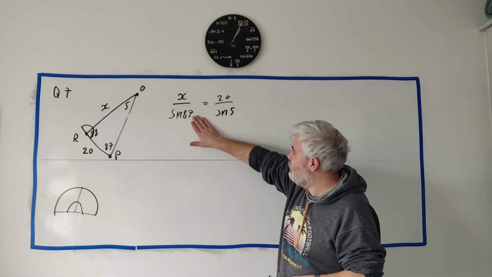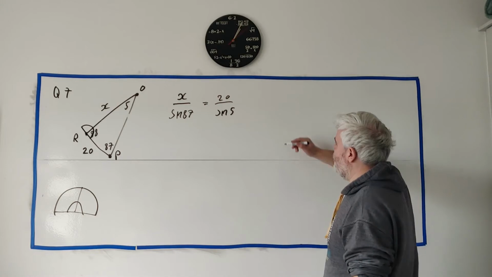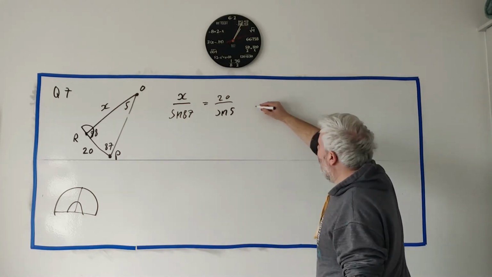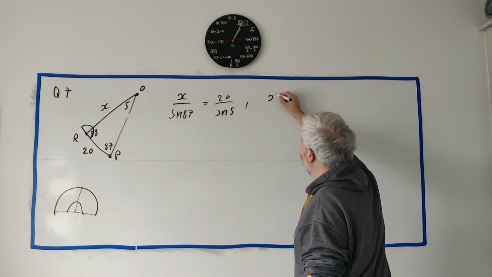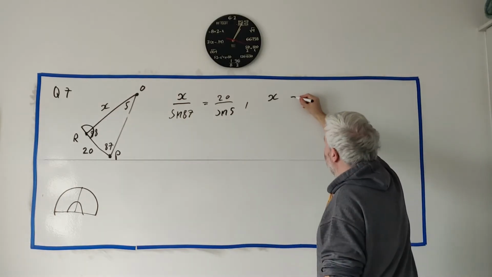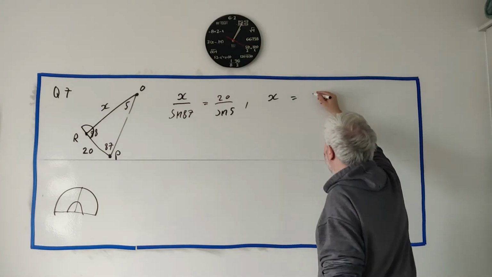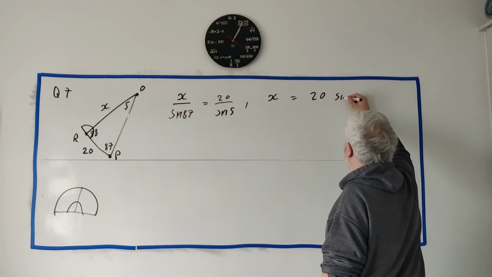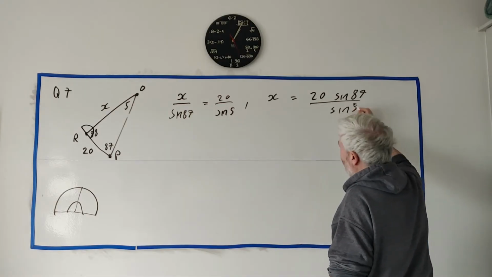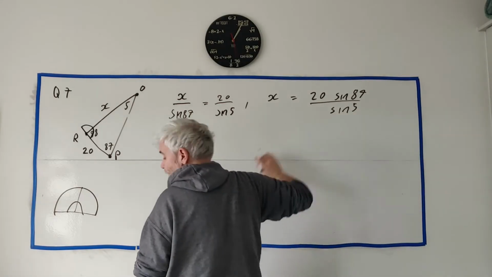Okay, let's rearrange this so x is on its own. I'll do it up here so I have room for part C here. We get x, multiply everything by sine 87. So on the left side it disappears, and on the right side we get 20 times sine 87 divided by sine 5. And that's it, x is equal to all of that.